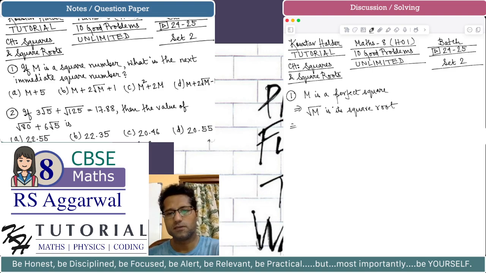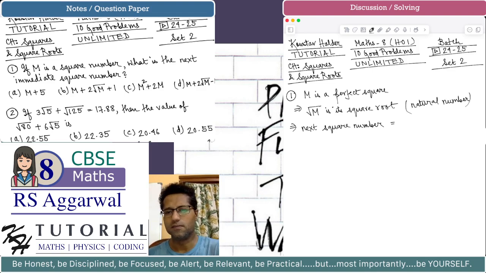So this implies the next square number, since m is a perfect square, definitely square root of m will be a natural number, which is its square root. So the next square number will be equal to the square of the next natural number. So square root of m is a natural number, since m is a perfect square. So this is a natural number whose square is m.